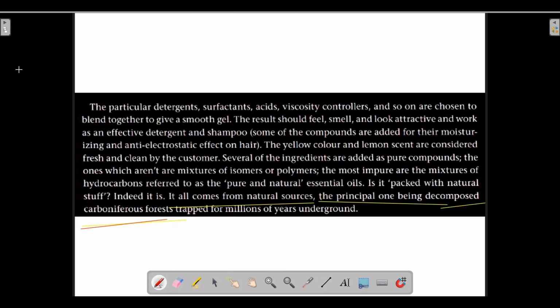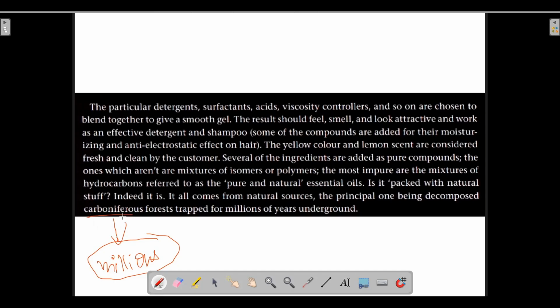If you ever study the geological time scale of Earth, you will realize that Carboniferous is a period millions of years ago, and during that period, many of the plants and animals died and were buried under the ground.